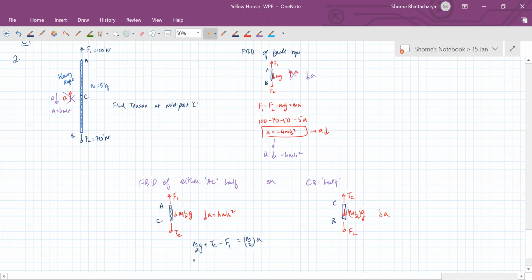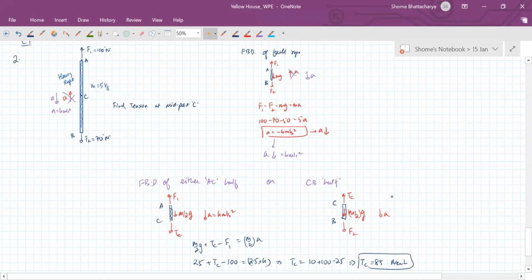So this half weight is 25 newtons, tension is unknown, F1 was 100 newtons. So this should be 2.5 into 4. So let's see what this gives us for the tension. So 10 plus 100 minus 25. So the tension at the midpoint according to this should be 85 newtons.